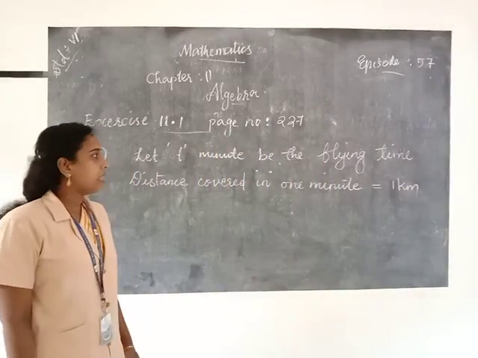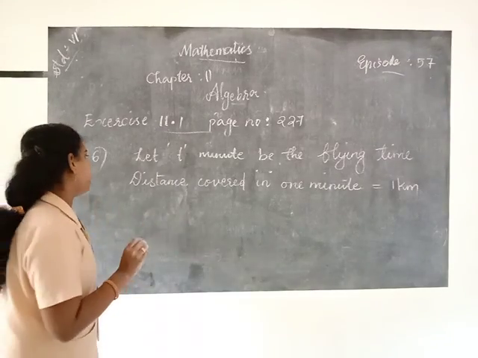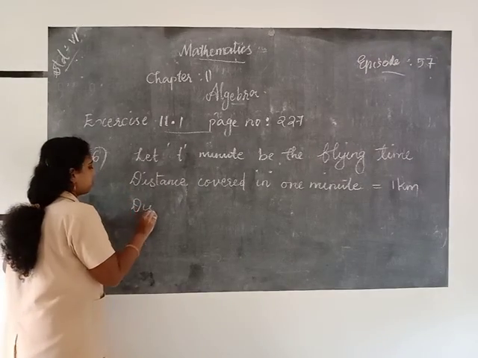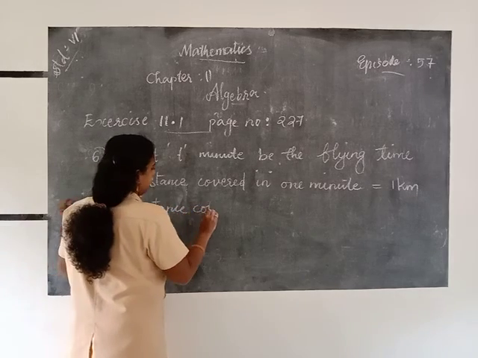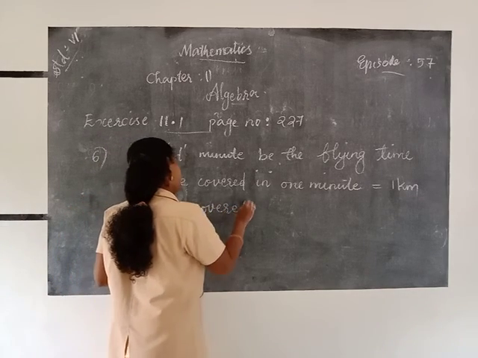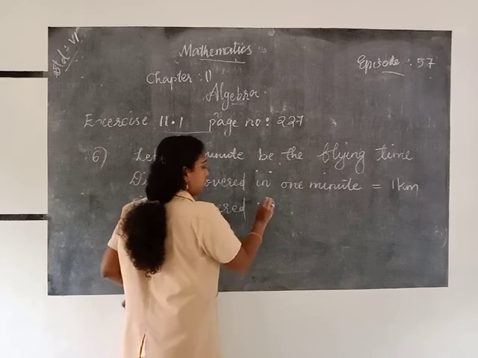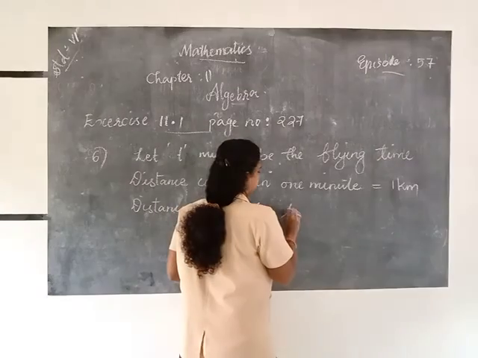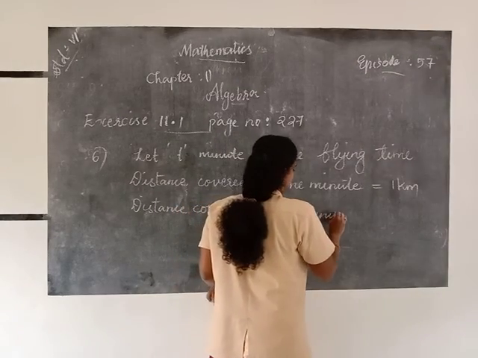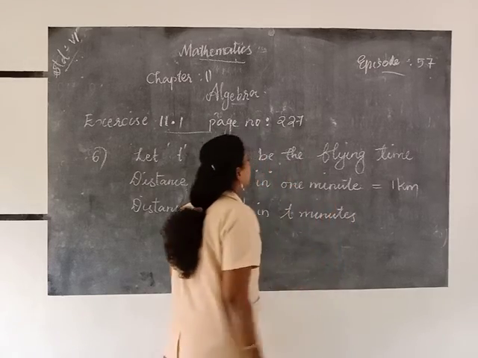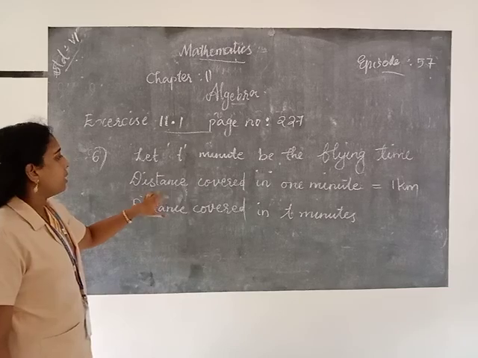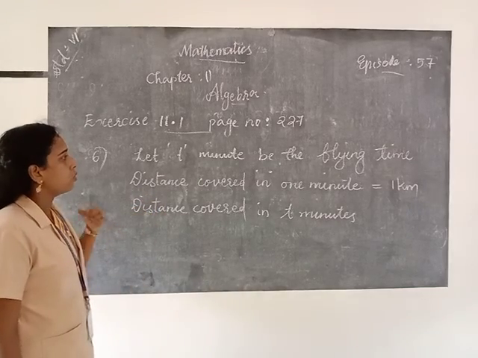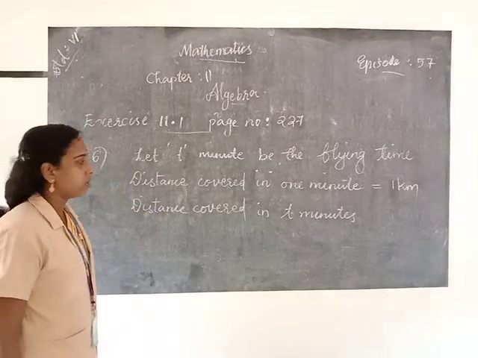Then here we want to find the distance covered in T minutes. So distance covered in T minutes is the product of distance covered in 1 minute into T minutes.